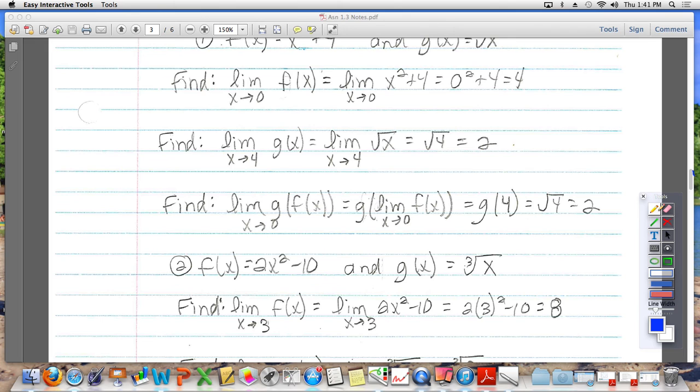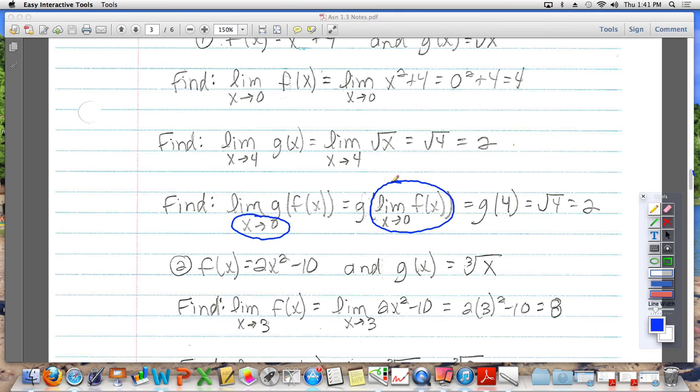So now, going back to the definition that we were all confused about a moment ago, this is what it's going to say. What is the limit as x approaches 0 of g of f of x? What that really means is you take g of this thing right here.